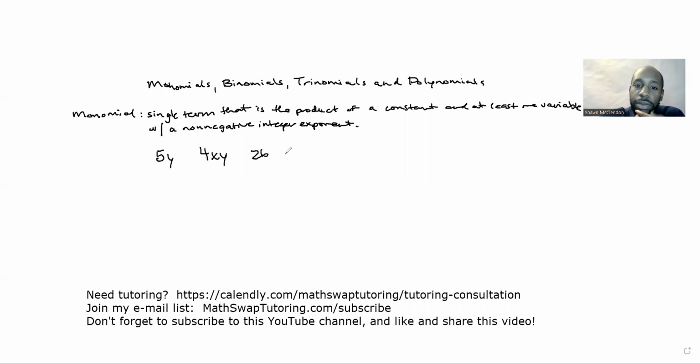Okay, this is also a monomial: square root of 2 times x squared. The square root of 2 is a constant. Now you might be like, well, but if I put it in my calculator, it's going to be a decimal. And that may be true, but in this form, it's a constant because it's a definite quantity that doesn't change.